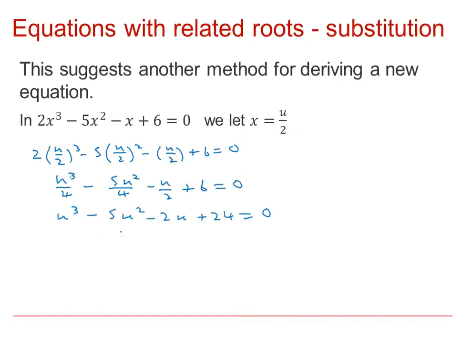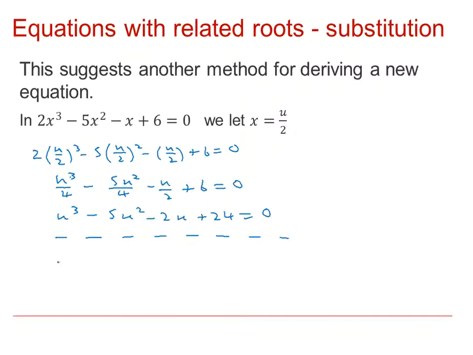And what we would normally do now, having created an equation with the required roots by using the substitution, is to replace the variable u with a new variable x.